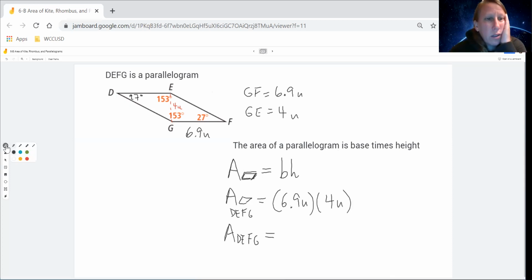Now, why does that work? Look at this, you guys. See this triangle right here? Is it the same as this triangle right here? Yeah, it is. What if I just slid it? I just translated it straight over. Wouldn't it go to here?